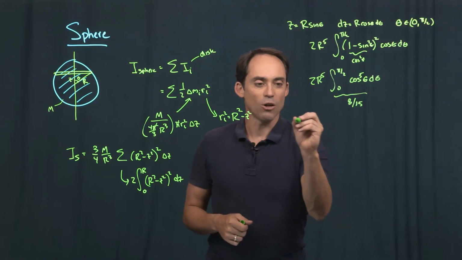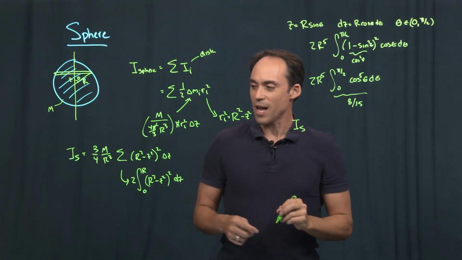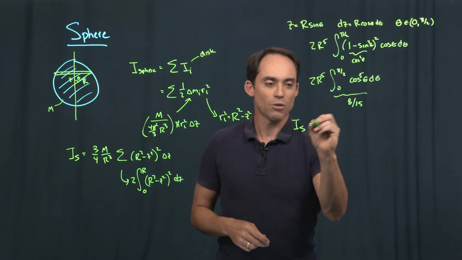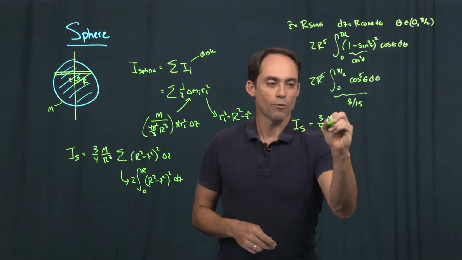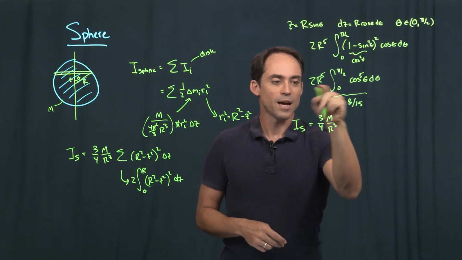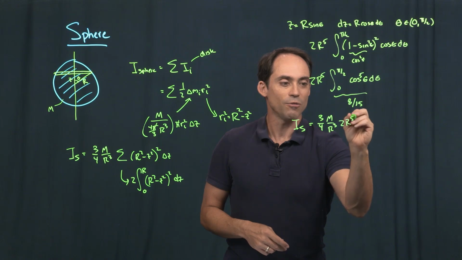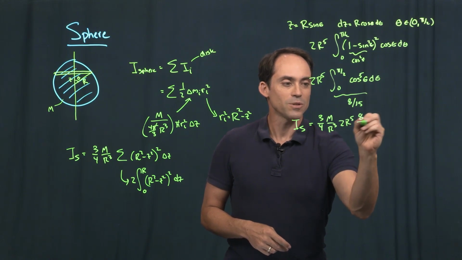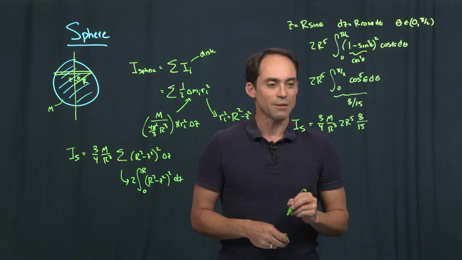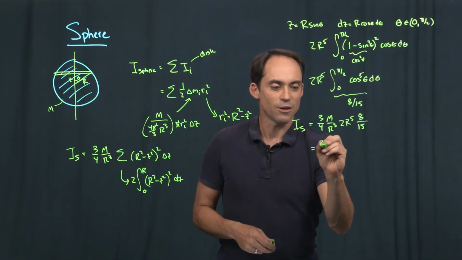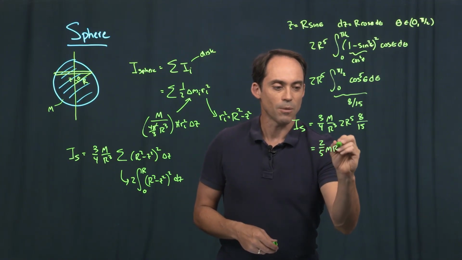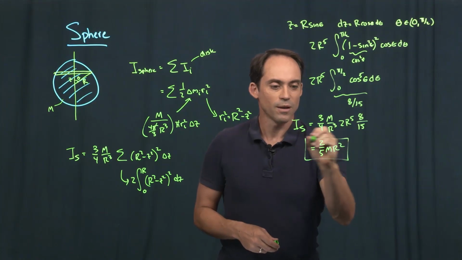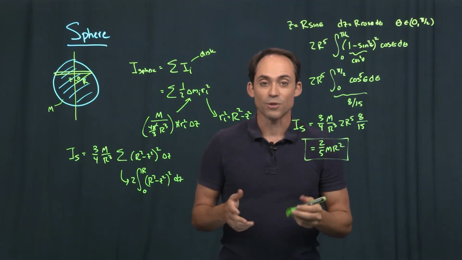So if I combine all of these terms together, I is equal to 3/4 m over r cubed times 2r to the 5th times the number that comes out of my integral, which is 8/15. Combine this all together and you get 2/5 times m r squared. And that's the moment of inertia of our sphere.